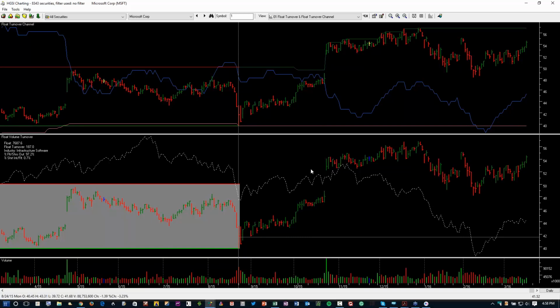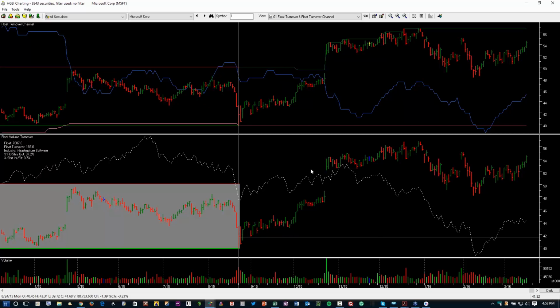And so one thing you can see here is that because there's no float turnover box to the right, that means since that day, all the shares of Microsoft have not traded hands completely.